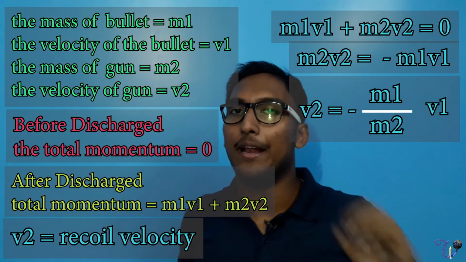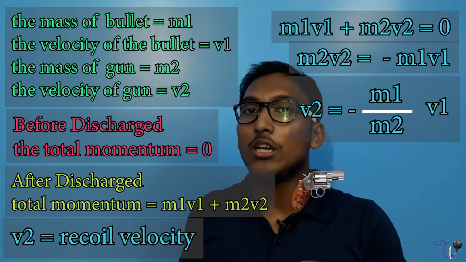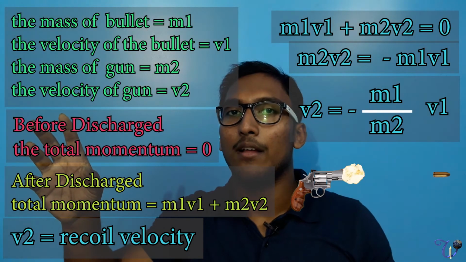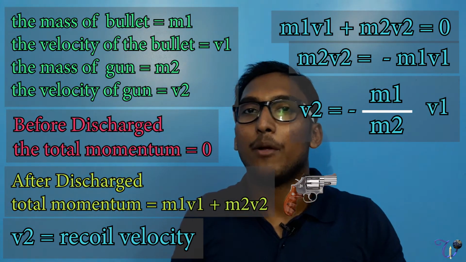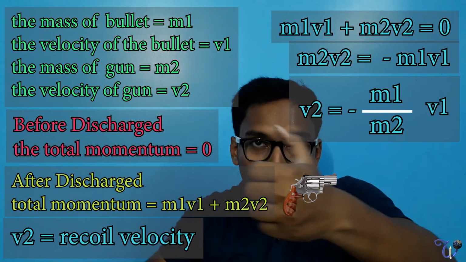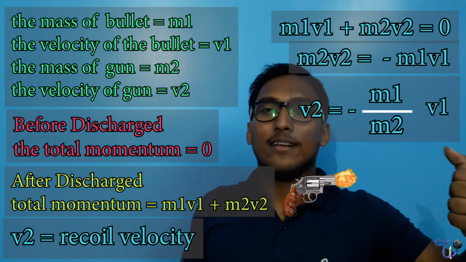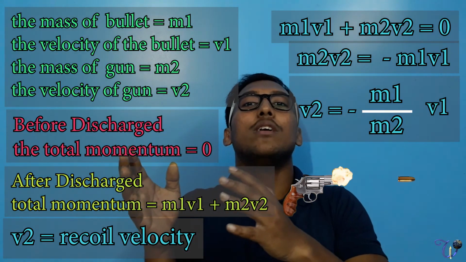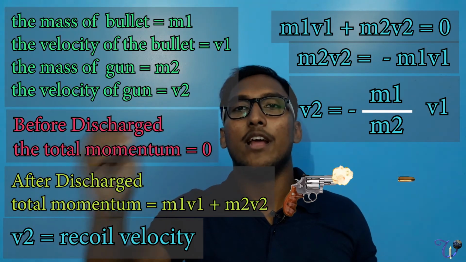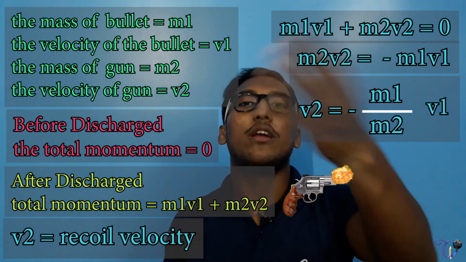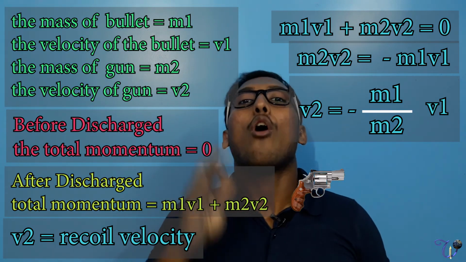The negative sign signifies that the direction of the gun's velocity is opposite to the direction of the bullet. If the bullet is going like this, the gun gets the backward jolt like this. V1 and V2 are exactly opposite in direction, which is why there is a negative sign here. So from that equation, we can directly determine the recoil of any gun.